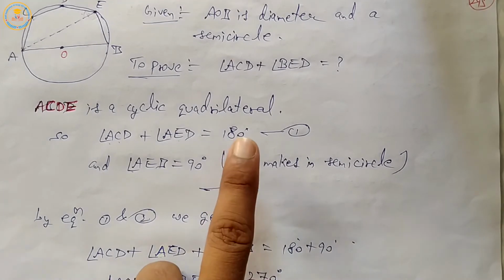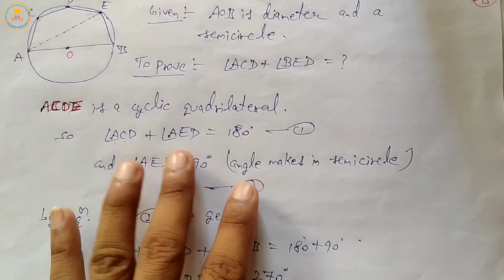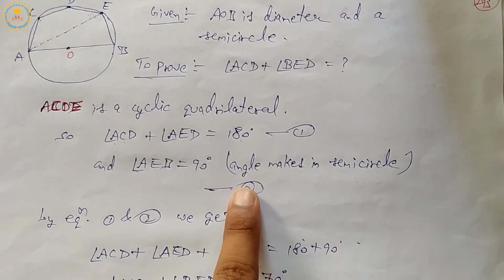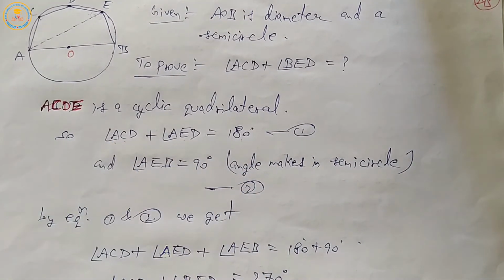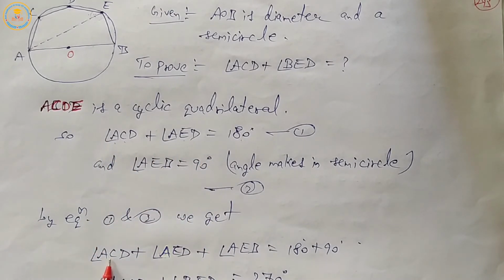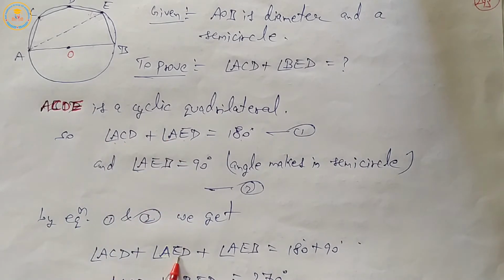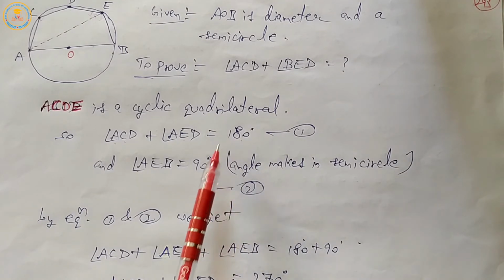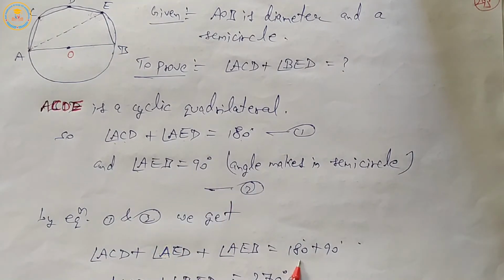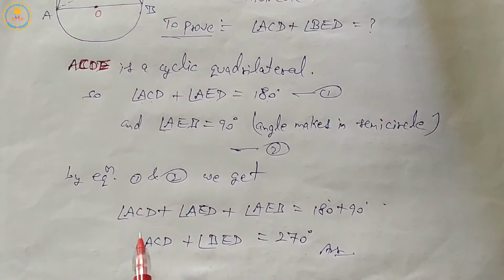Therefore, we add equation first and equation second. On the left hand side ACD plus AED plus AEB, equals 180 plus 90 on the right hand side. According to the question, ACD as it is.